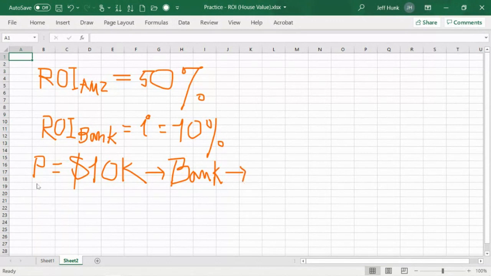So that means they give you 1,000. So then your return on investment would be 1,000 because it's 10% of 10,000.